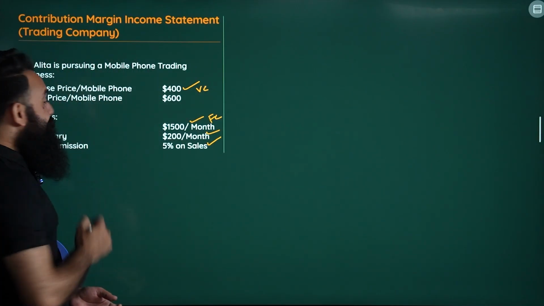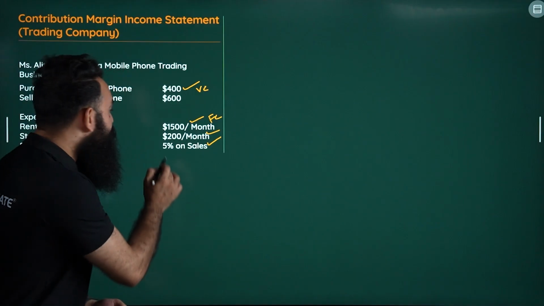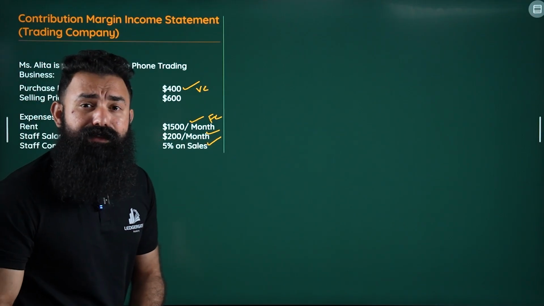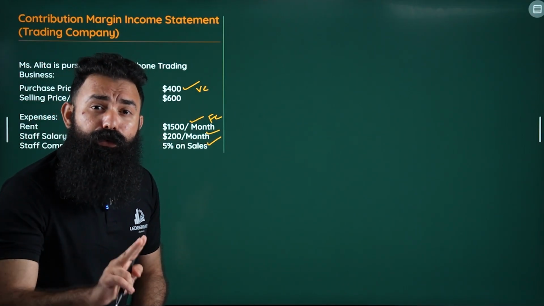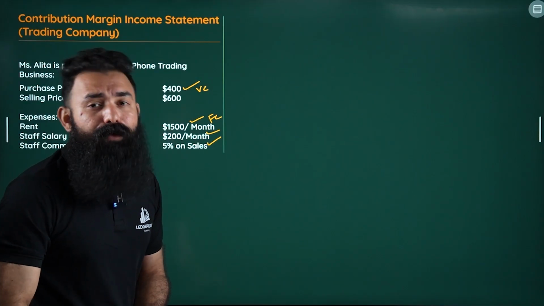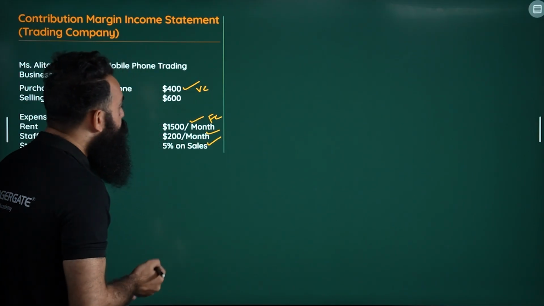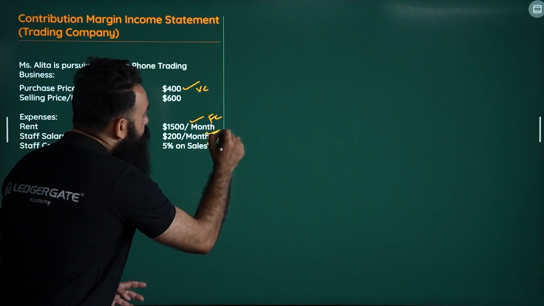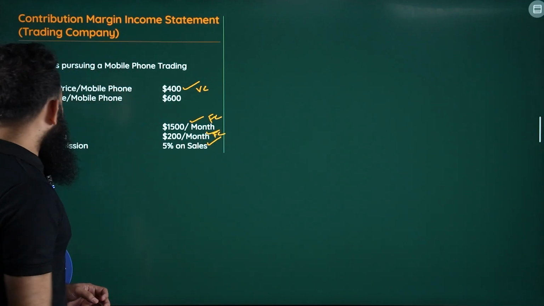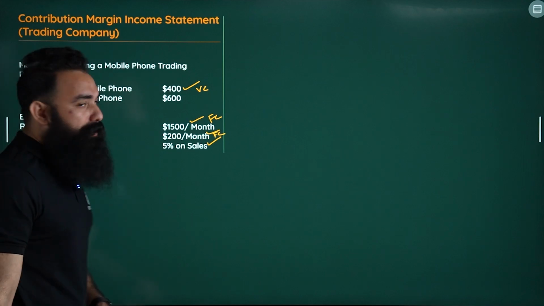With respect to the staff salary of $200 per month, whether we are selling 1 unit, 2 units, or 10 units, we have to pay $200 fixed, right? So this is also a fixed cost. And thirdly, the staff commission.